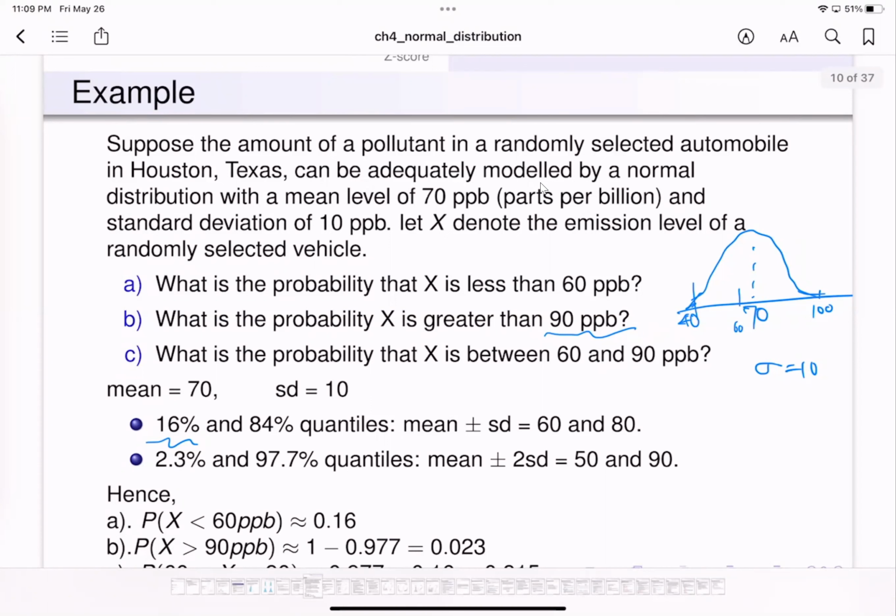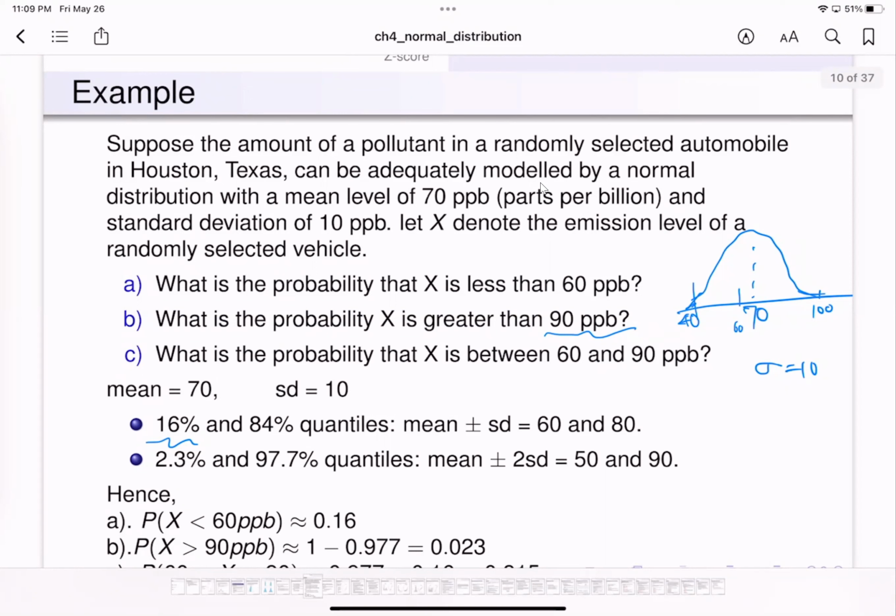So this next little part is, what's the probability that X is between 60 and 90? For this question, we can just use the probability in between to help us. We have 97.7, that's the probability.